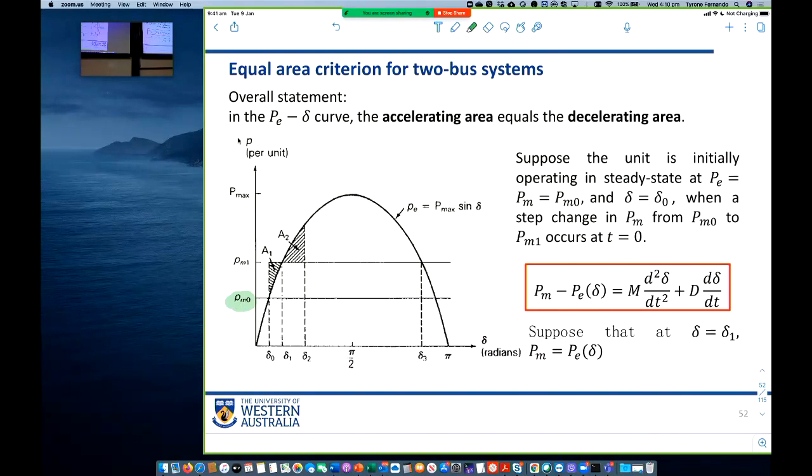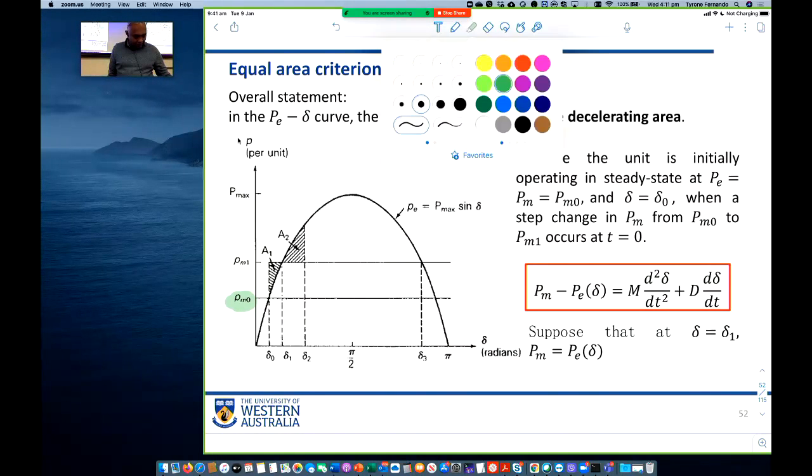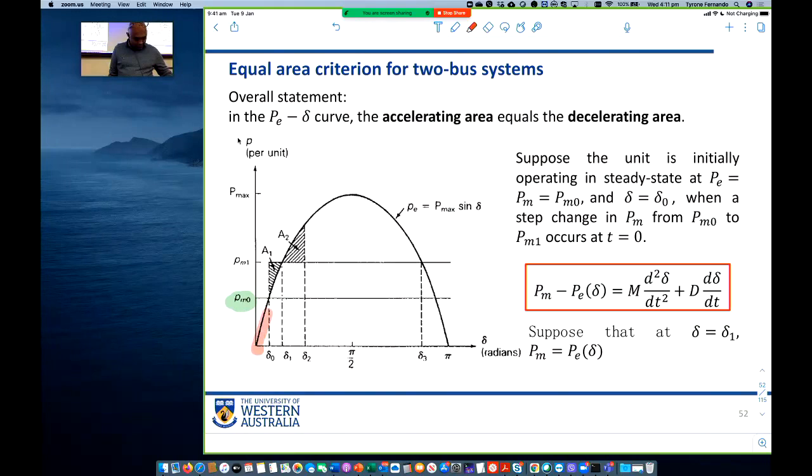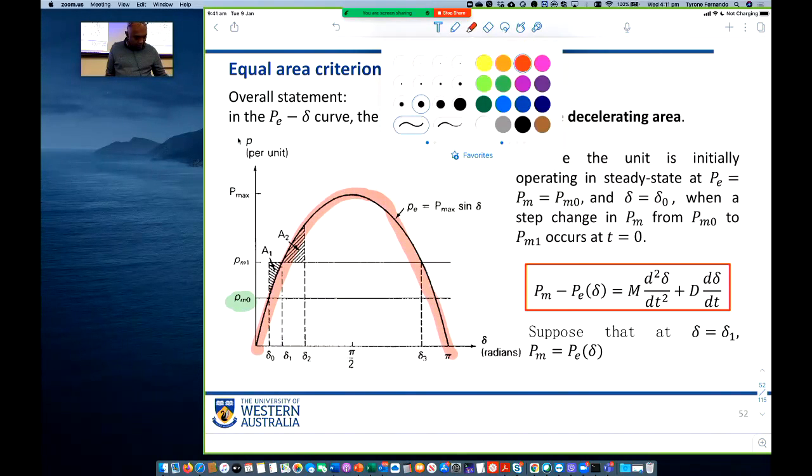So the electrical power has to be the same as well. That sine curve intersects PM0 at delta naught. This is the electrical power. This is the mechanical power.